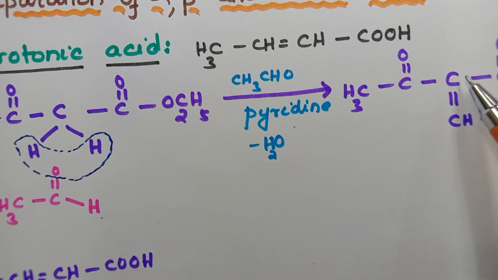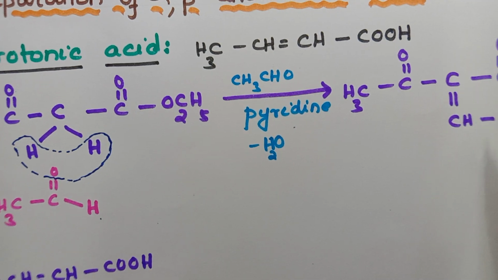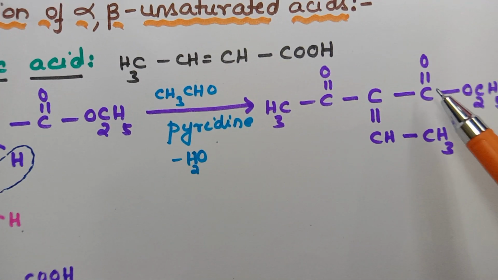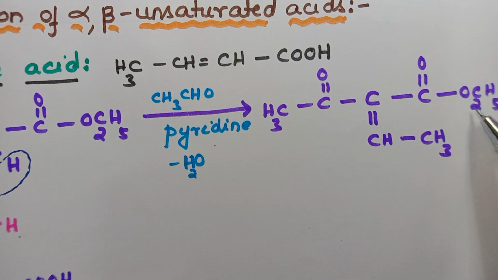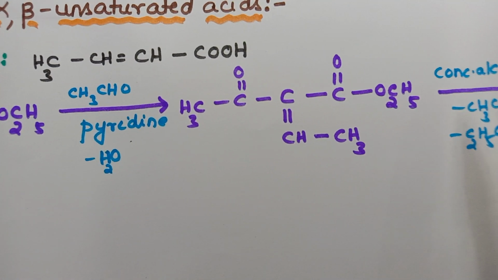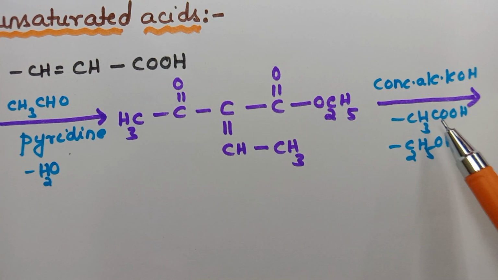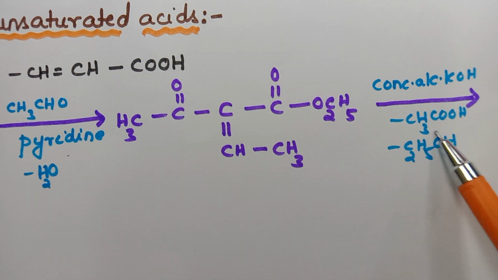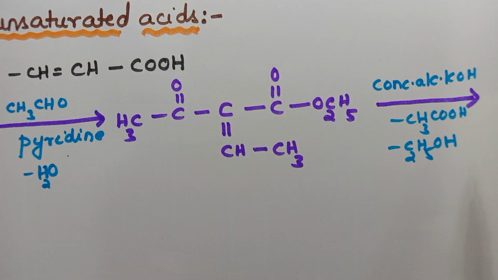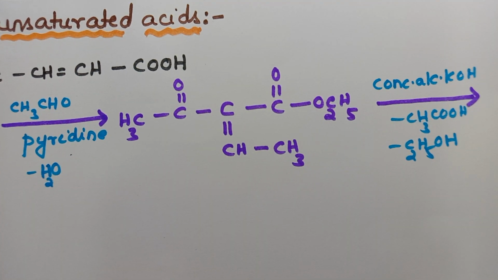The same I have written here, C double bond CH, CH3, and this is same as usual, C double bond O, OC2H5. Next comes here concentrated alcoholic KOH. That is acidic hydrolysis. As you all know, minus acetic acid minus ethyl alcohol, we will be getting the final product.